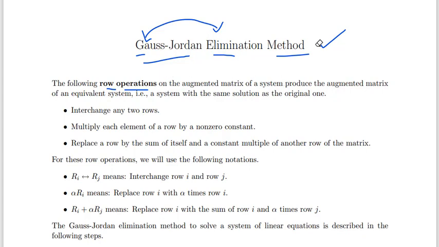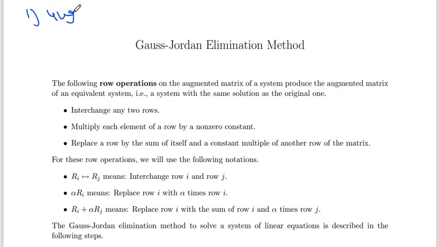First of all, let me go through the steps in Gaussian elimination. We already talked about them, right? First is to transform the linear equations into an augmented matrix. This is Gaussian elimination.